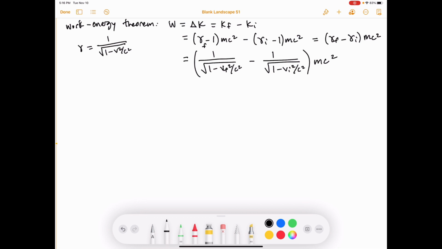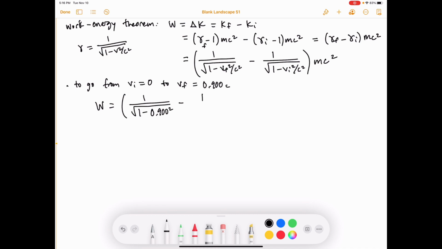Okay, so in the first question, we're going to go from v initial equals 0, we're going to start from rest, to v final is 0.900 c. And the work required to do that, we can now calculate. It's going to be 1 over the square root of 1 minus v final squared over c squared. So that's going to be 0.900 squared.